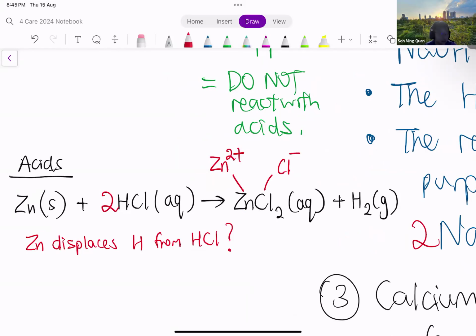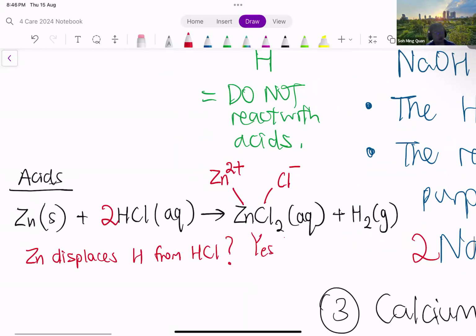The answer, of course, is yes. Why not? Right? Zinc is basically displacing hydrogen from HCl. That's why the Cl goes with zinc. The hydrogen comes out on its own as H2 gas. So this is actually a displacement reaction, even though we have never really thought about it, right?